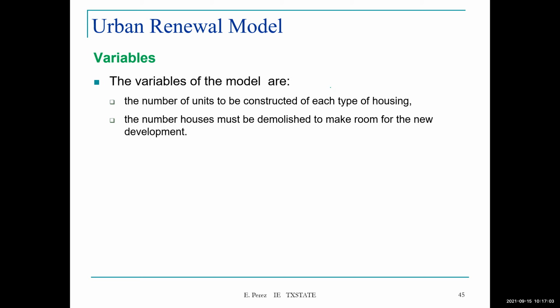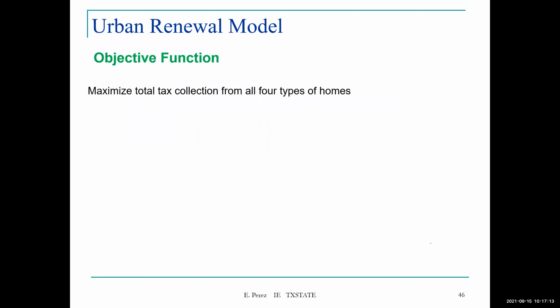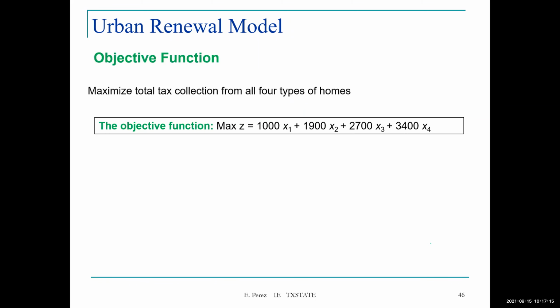Okay, so going back to the discussion. x5 is the number of old homes to be demolished. When we look at the objective function, we have the piece about the collection.